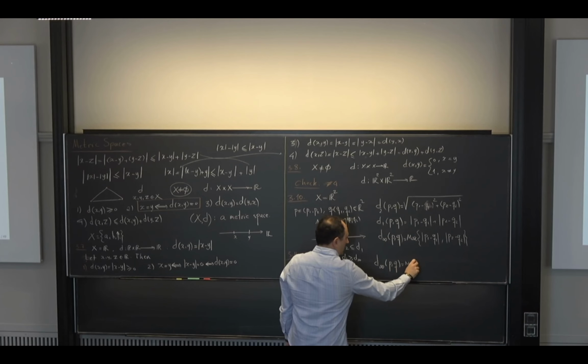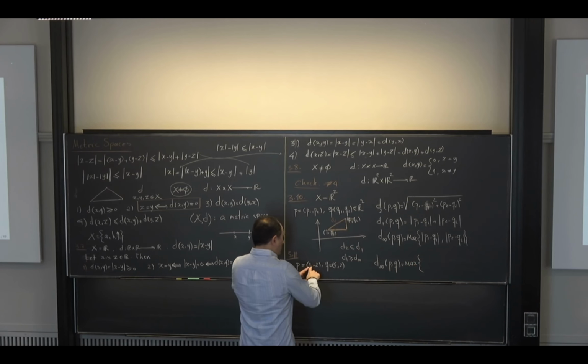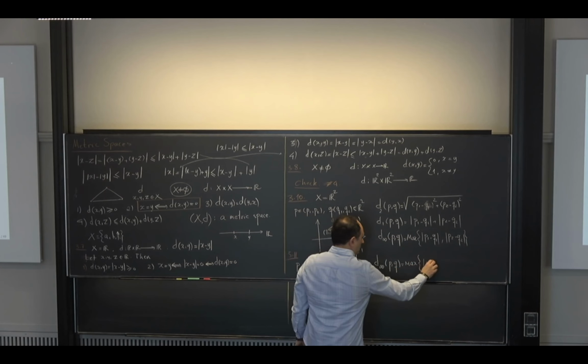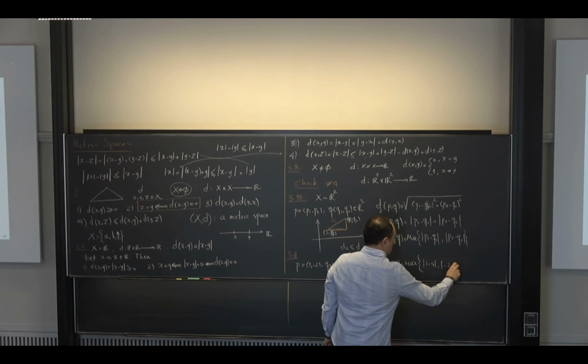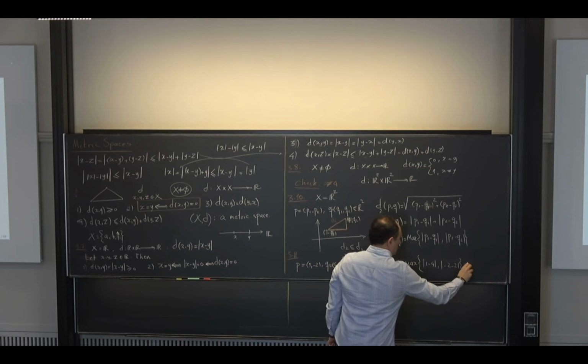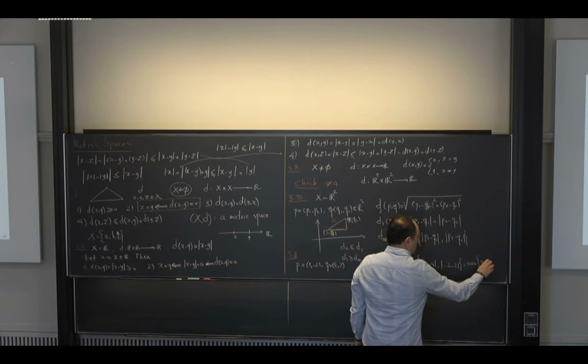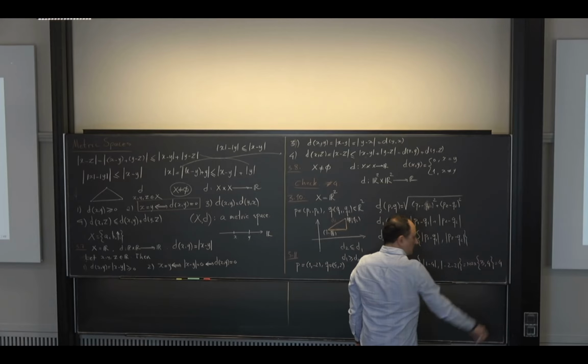I should write the maximum of the absolute value of 1 minus 4 and the absolute value of minus 2 minus 2. So this becomes the maximum of 3 and 4. So the distance is 4.